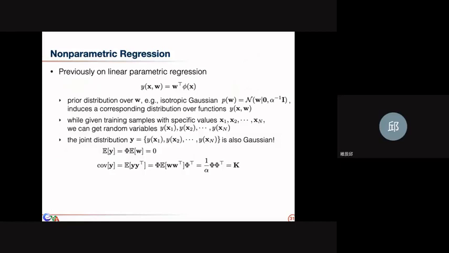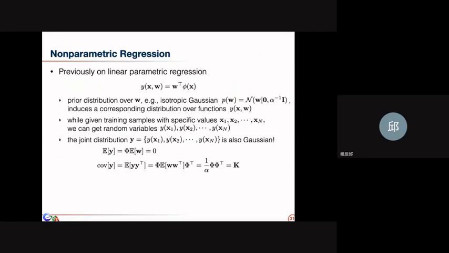Okay. So when I put a prior distribution over the parameters of my model, it actually induces a corresponding distribution over functions, right? For example, here if I put a prior distribution on my parameters, you can see here that y is related to the inner product between my parameters and the feature representations of my data.